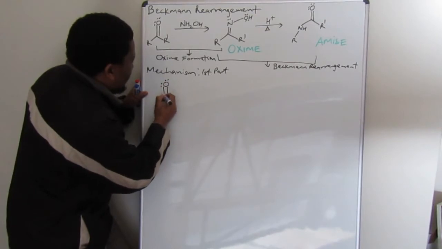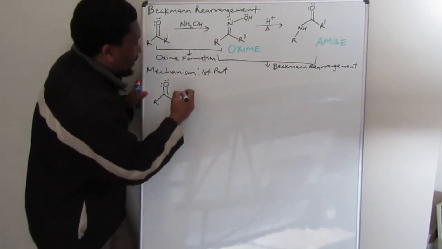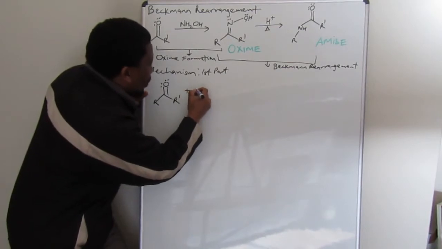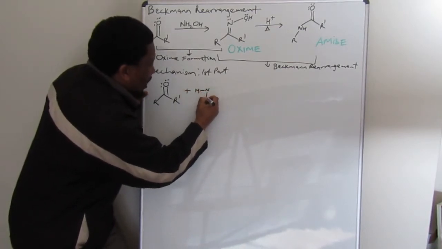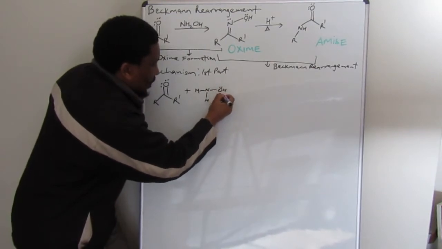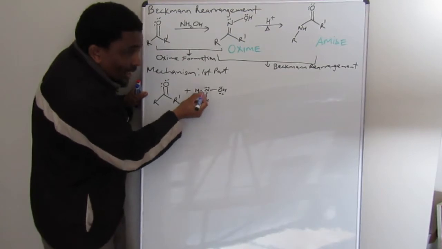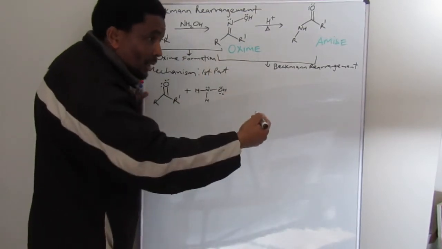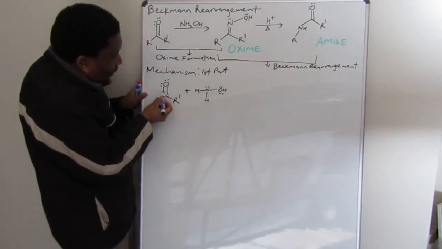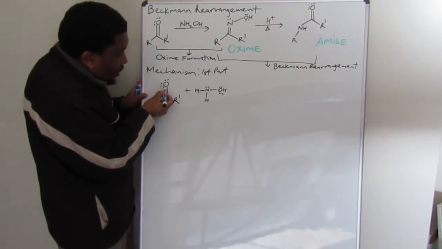There's your carbonyl compound, bonded to R and R prime. This reacts with your amine, your hydroxylamine. This amine is here as a nucleophile. Where is it going to attack? Remember, you've got your carbonyl carbon atom and your carbonyl oxygen atom.